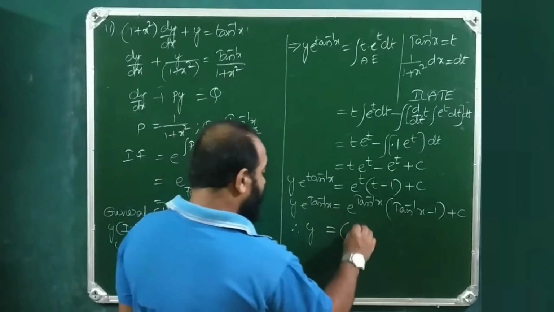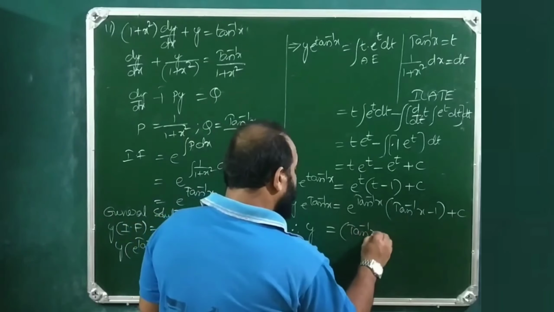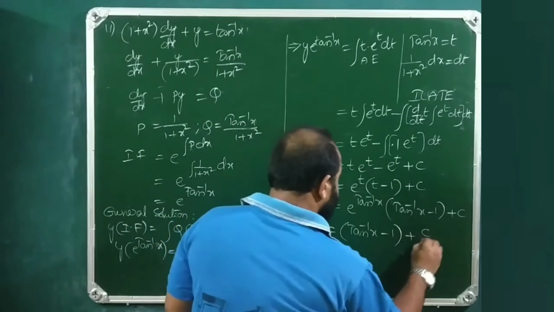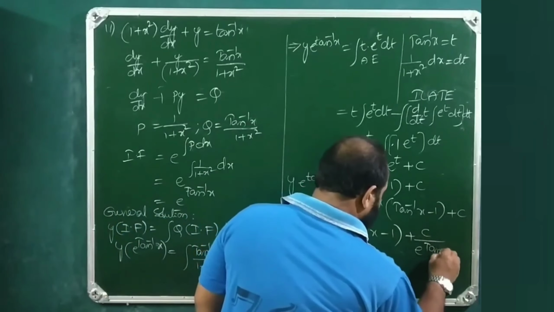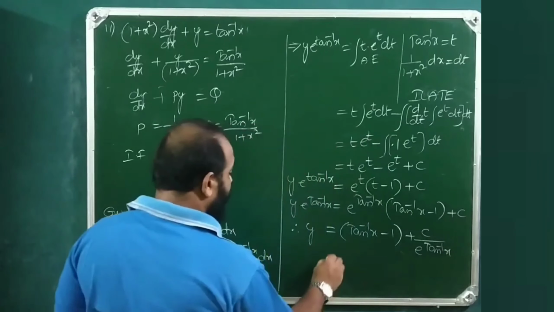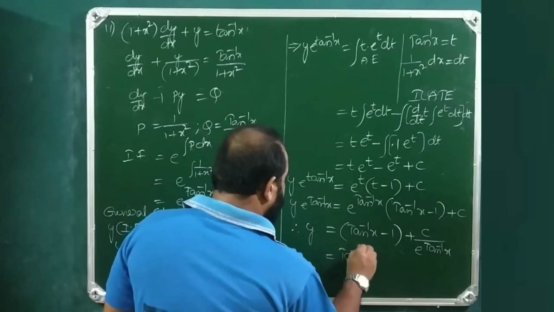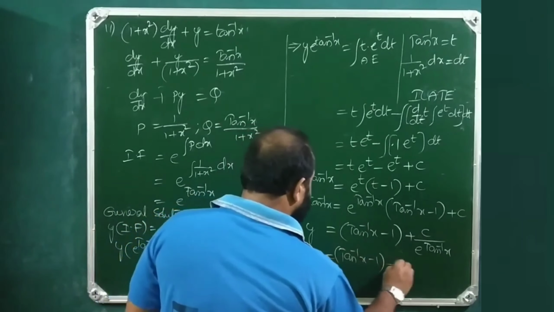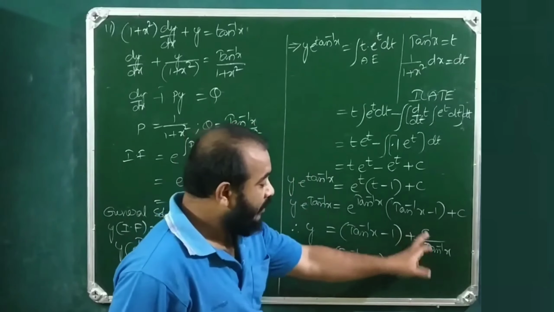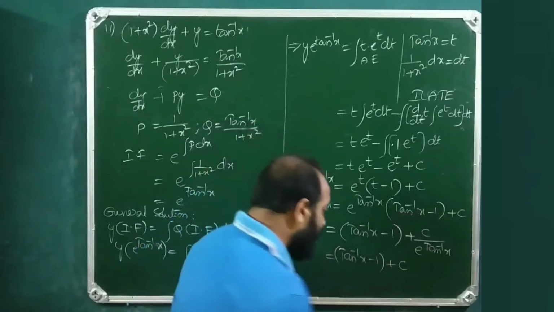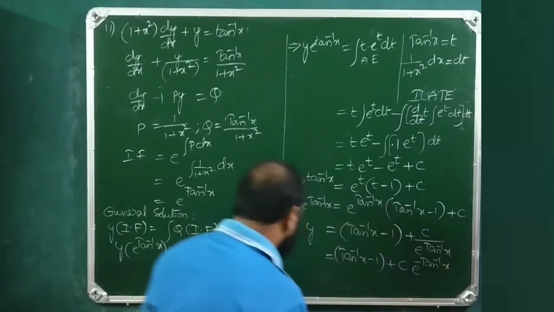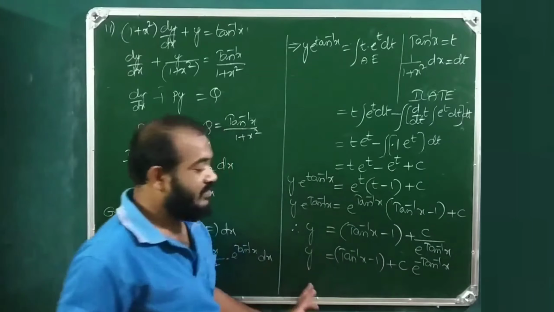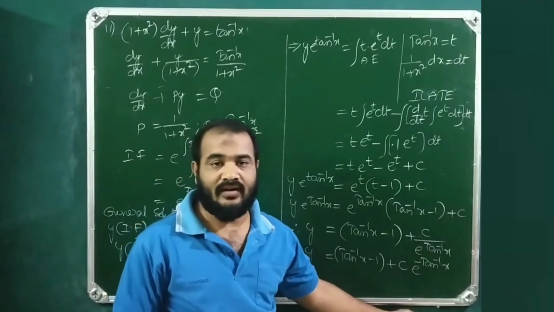So this is (tan inverse x minus 1) plus c by e power tan inverse x. Therefore, this is tan inverse x minus 1 plus c, and 1 by e power tan inverse x is e power minus tan inverse x. This is y, the required solution.